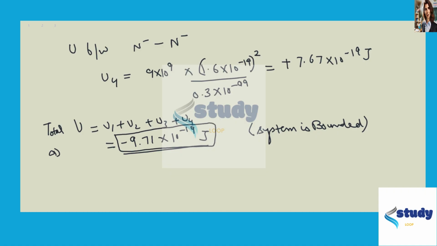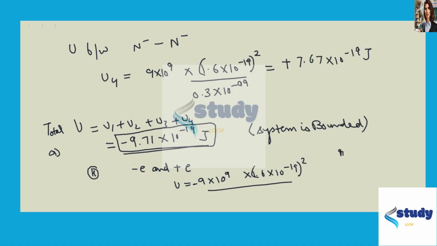Now part B says to compare this value with the hydrogen atom. The hydrogen atom has one electron and one proton, so the charges are minus e and plus e. So U equals 9 times 10 to the power 9 times 1.6 times 10 to the power minus 19 squared, with a negative sign since one is negative and one is positive, over R. You can find the value of R between the proton and electron using Google or within this book.